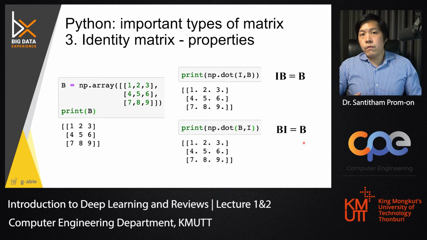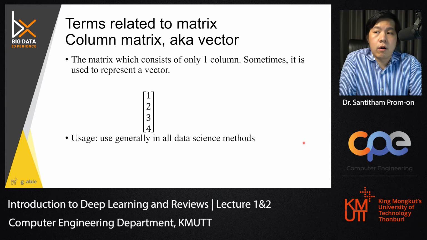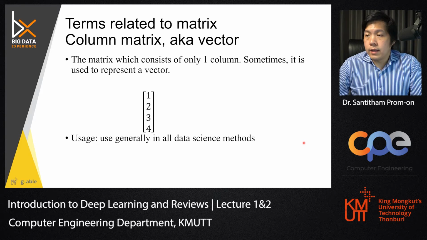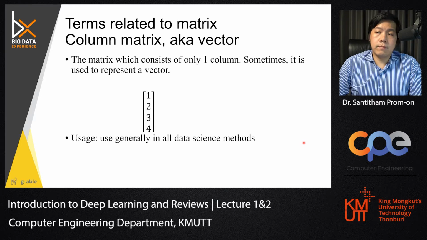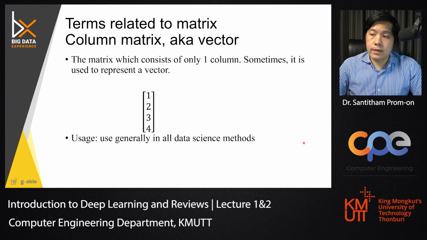Okay. When we have a matrix in one dimension, particularly in the column dimension, we usually call this a column matrix. A column matrix is found in lots of applications, because when you represent the y values, sometimes we call them a column vector, as a set of values, they might be arranged as a column vector, and this column vector represents certain values that you want to associate with.